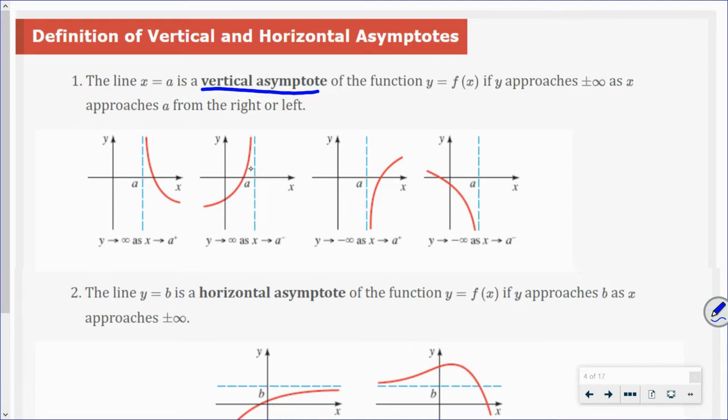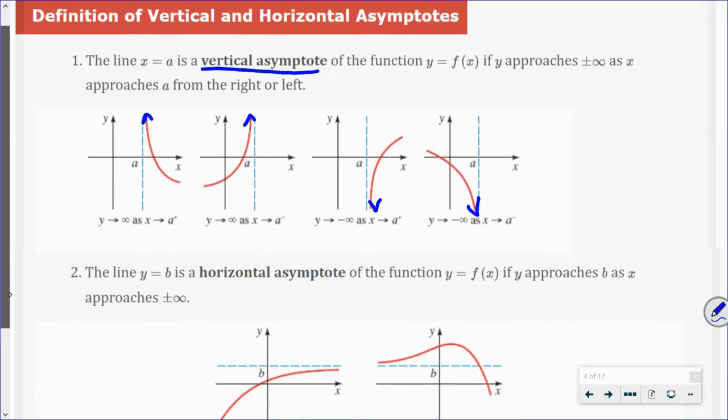As x goes to that line from the left, y is either going to positive infinity or negative infinity. It is changing the end behavior of this arrow right here. If I put arrows right here, it's telling me where the end behavior is going. Right here, as x goes to a from the left, so as it goes this way, the y is going down. It's going to negative infinity. So that's a vertical asymptote.